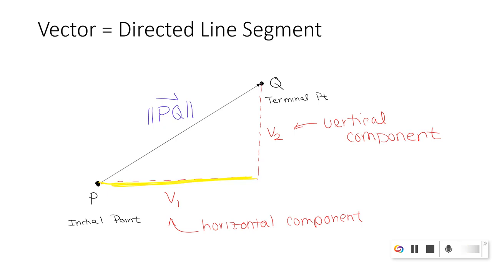It's like a very, very long time ago when you found slope, you talked about rise over run. So the run, the horizontal distance, is my horizontal component. And then the rise or the vertical distance from my initial to my terminal point is the vertical component of this vector. I'm going to use the notation V1, V2 for my horizontal component and my vertical component.